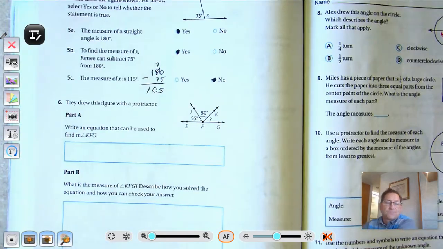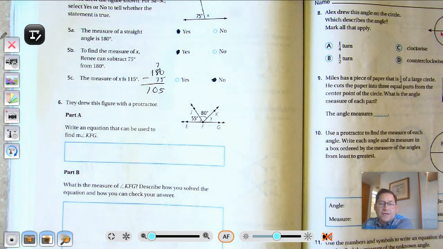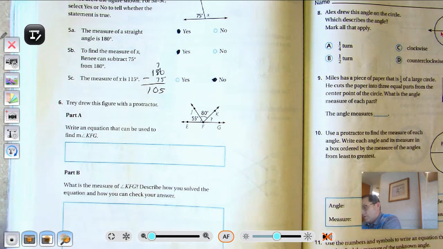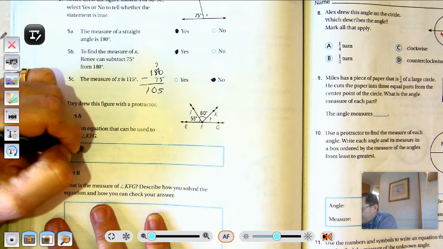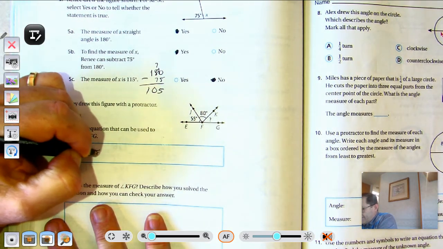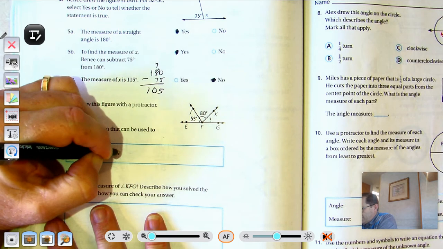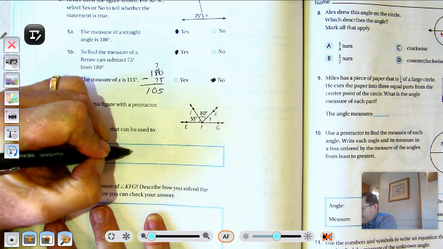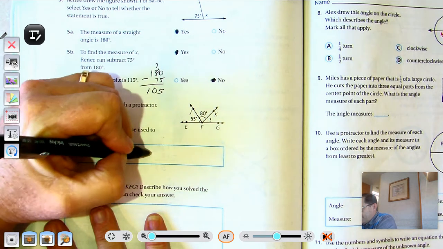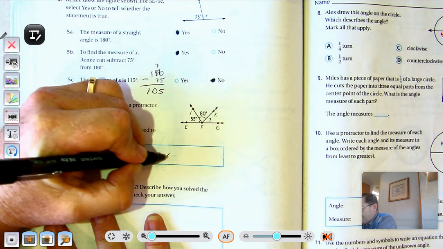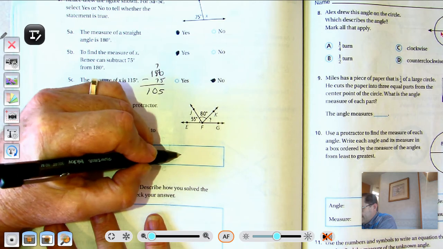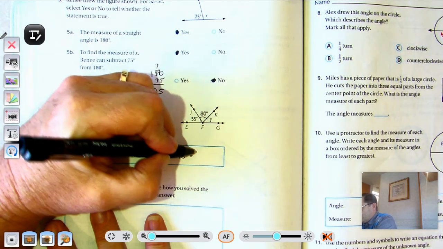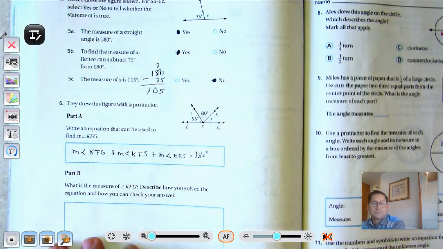Number 6. Trey drew this figure with a protractor. All right. Write an equation that can be used to find the measure of angle KFG. Okay. The measure of KFG plus the measure of KFJ plus the measure of angle EFJ equals 180 degrees.